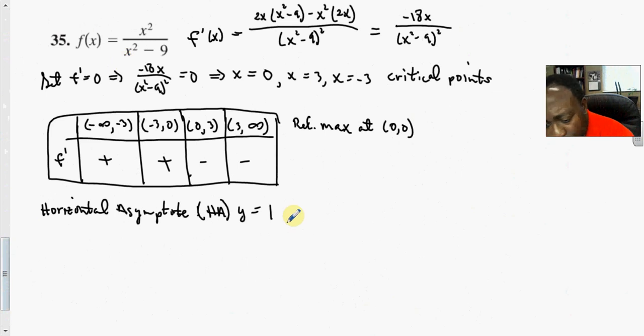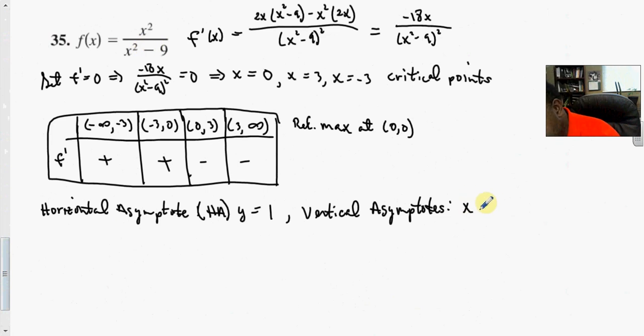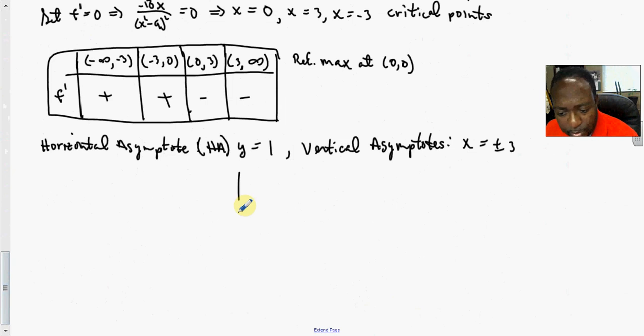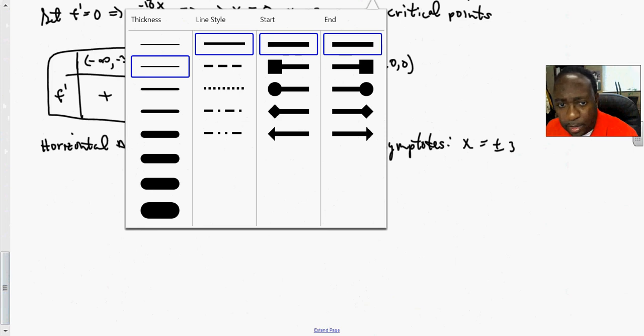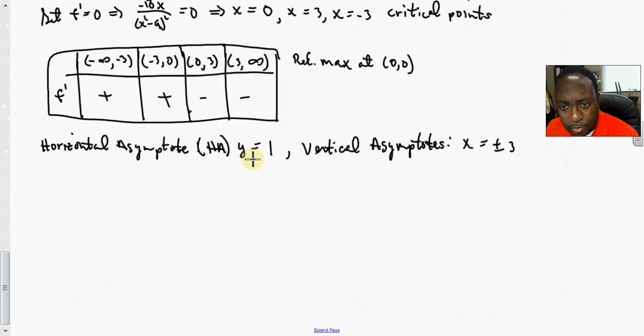Now, what about the vertical asymptote? Here, look at your denominator, set it equal to 0. We get x equal to plus or minus 3. So I think with all this information, we can graph. There's a line here that I could use, I think, to just go straight.